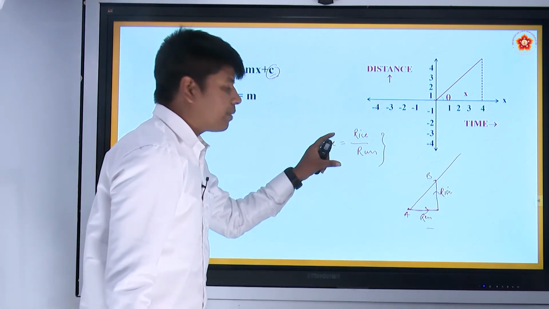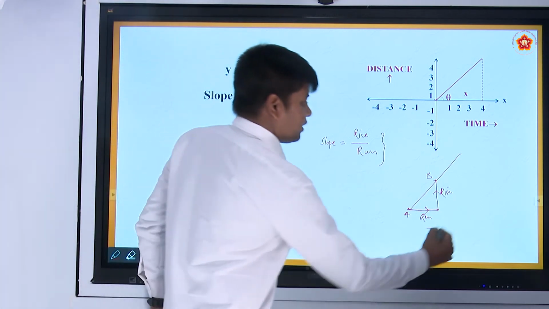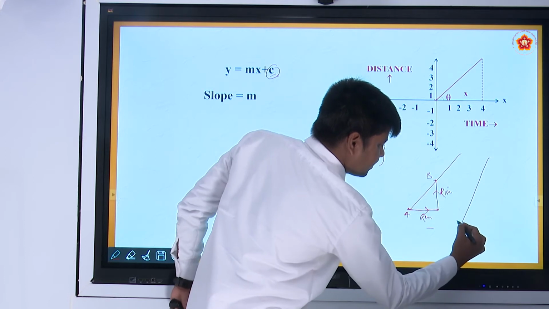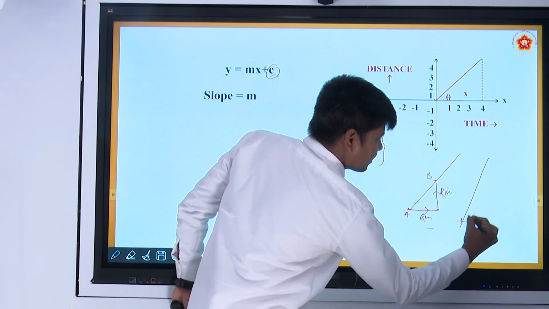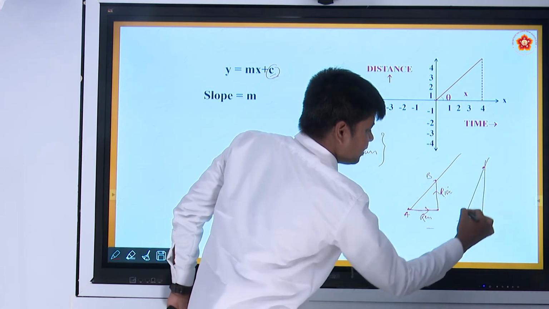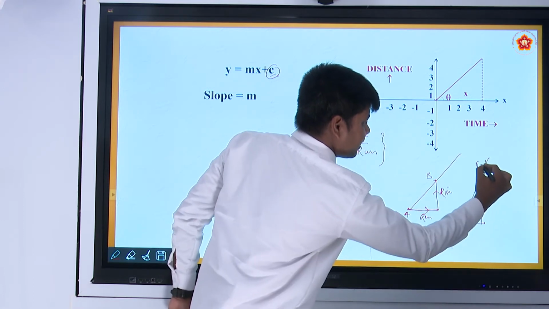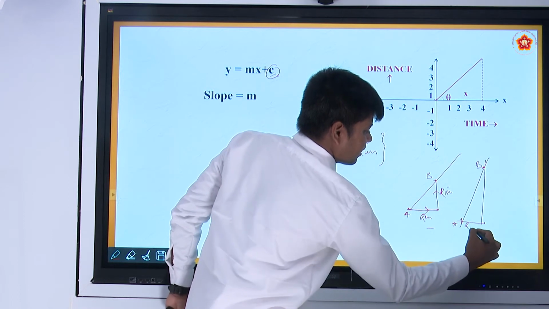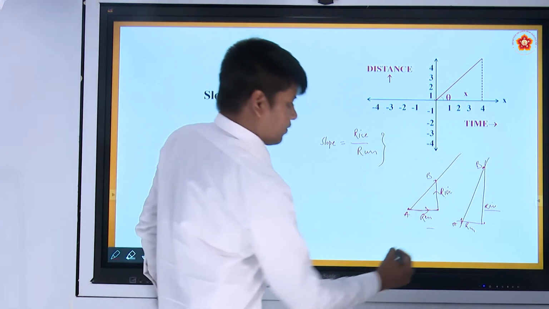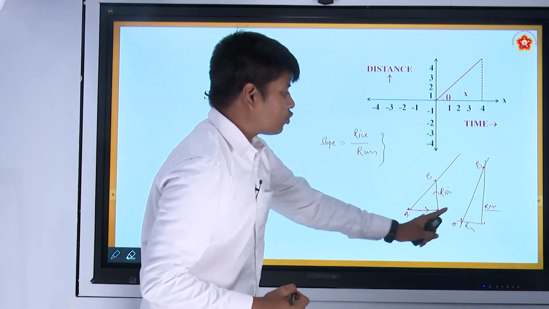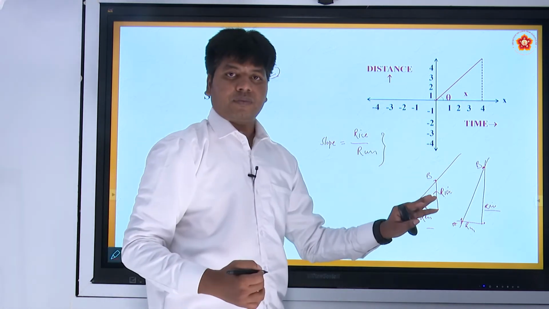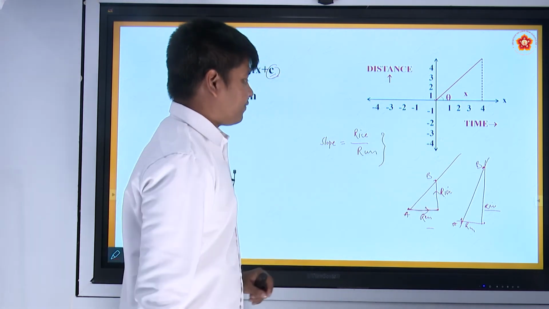That is what the slope gives you. If this is so steep, what happens? You are making so much rise for this run. Between these 2 points, let us suppose this is A, this is B. This is run again, this is rise. Now the rise is even more for the same run. So here the slope is more. So this is what the slope gives you, right, for the normal graph.